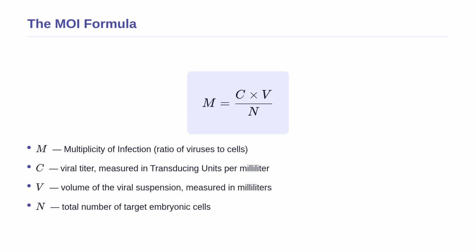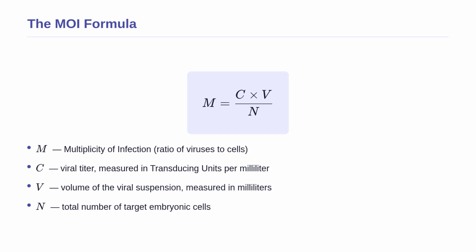This delicate balance brings us to the mathematical representation of the multiplicity of infection. The formula is M equals C times V divided by N. Let us break down what each symbol means. M represents the multiplicity of infection, which is the average number of viral particles attacking each individual cell.